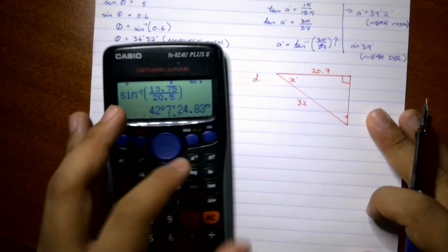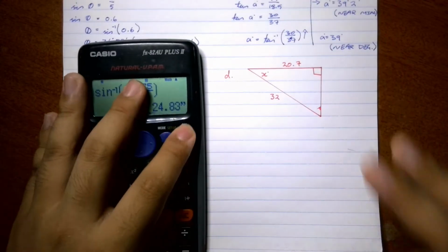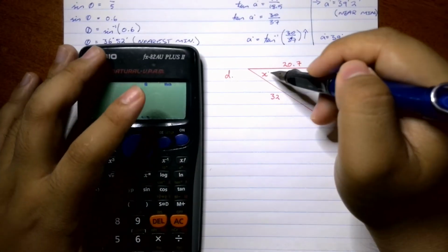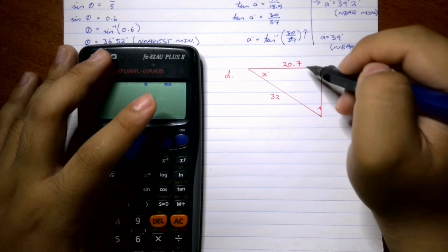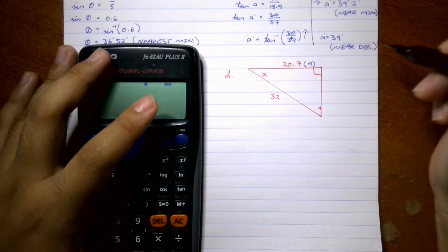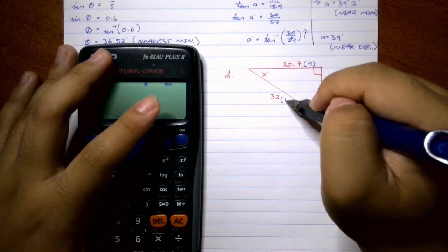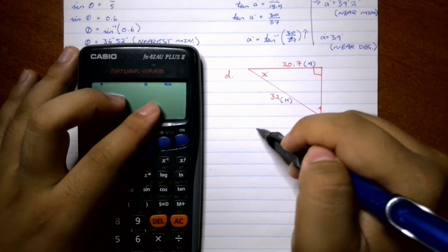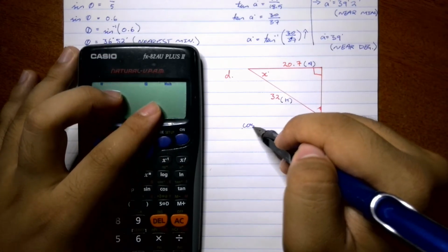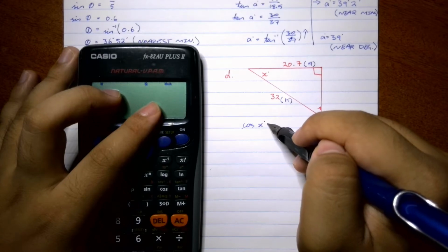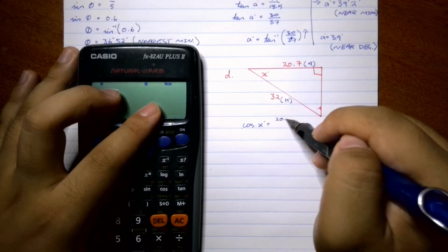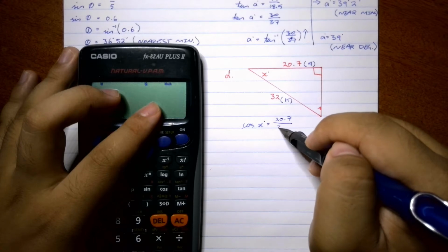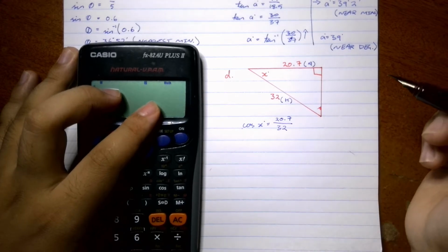Solving our last question here. Once again, from our angle, we are given the adjacent and the hypotenuse. This one is cos. So cos of x degrees is equal to 20.7 over 32.